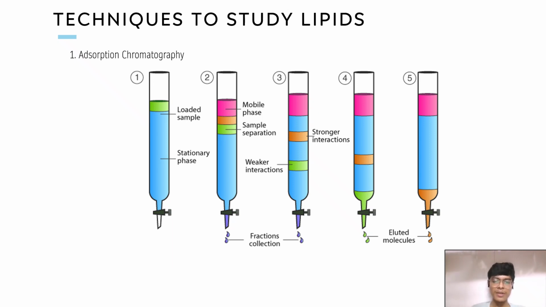Then they can be separated by releasing the knob present over here, and the eluted molecules are like this. The first eluted, the green portion you can see here, is the non-polar lipids, and the other is the polar lipids. So this one separates the lipids on the basis of their polarity.